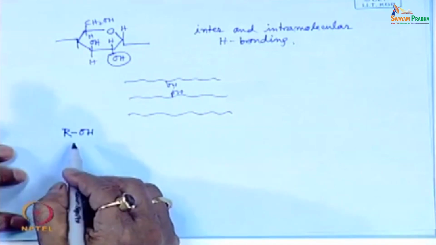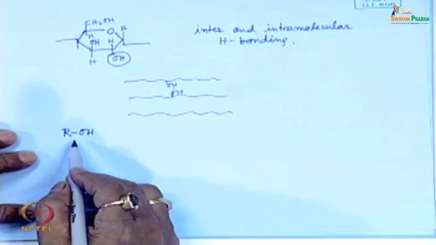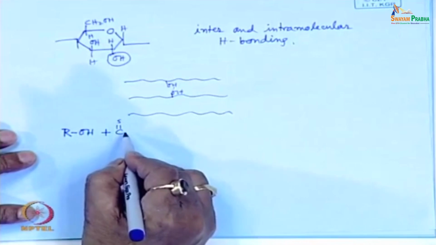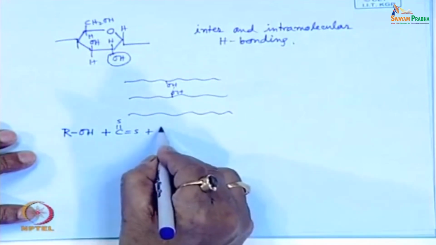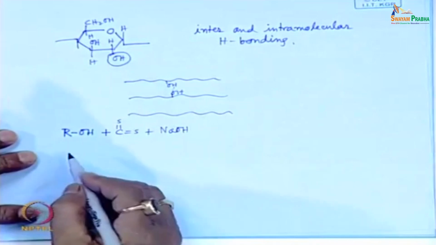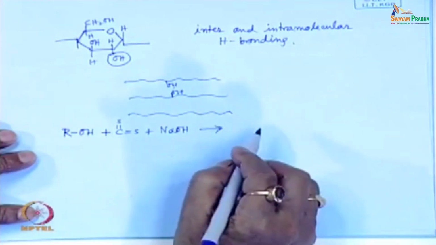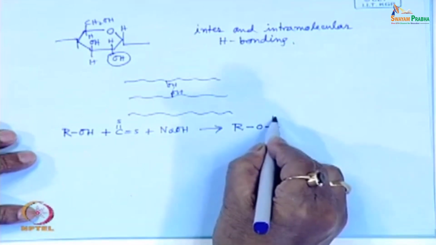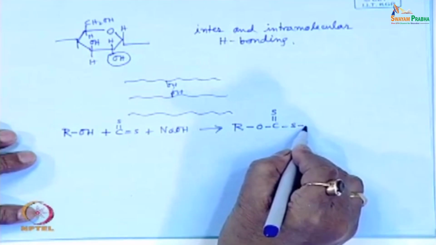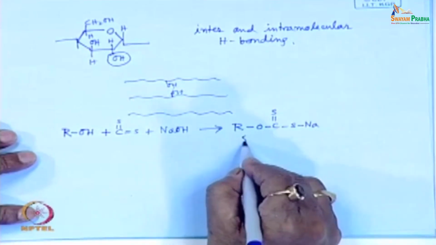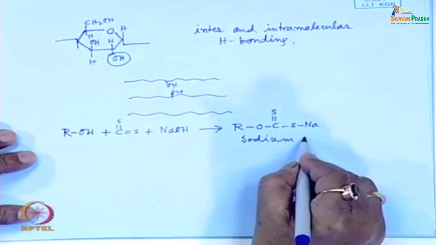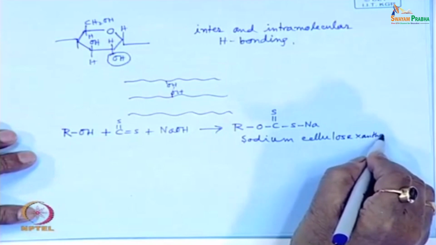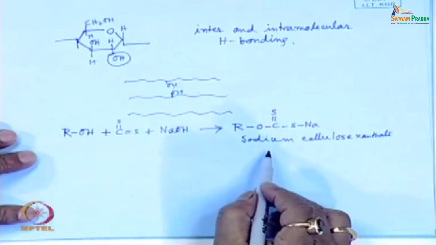If we represent cellulose as ROH, in order to make it soluble, you add carbon disulfide along with sodium hydroxide. What happens? It forms sodium cellulose xanthate. This is highly soluble in water.